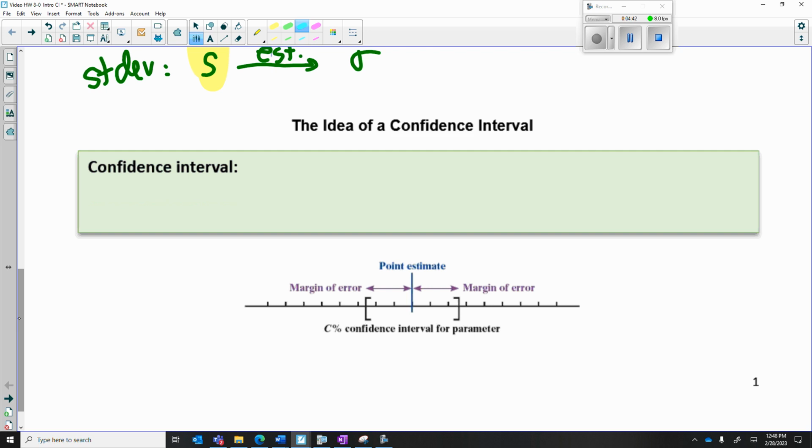And basically what it is you take your sample statistic and you create an interval that gives a range of possible values that will hopefully capture that true parameter value.